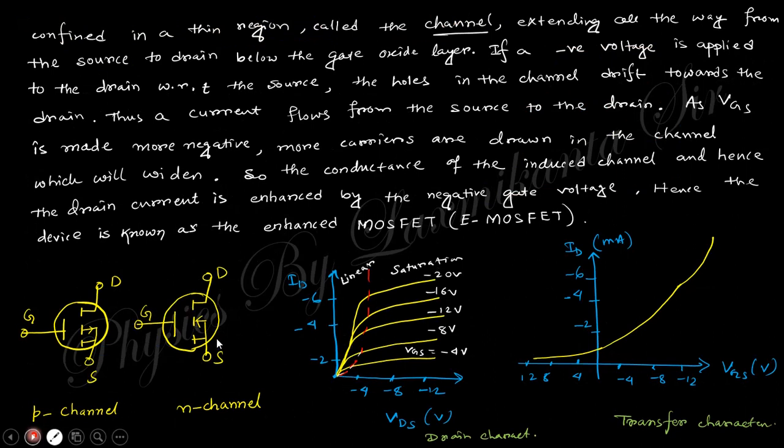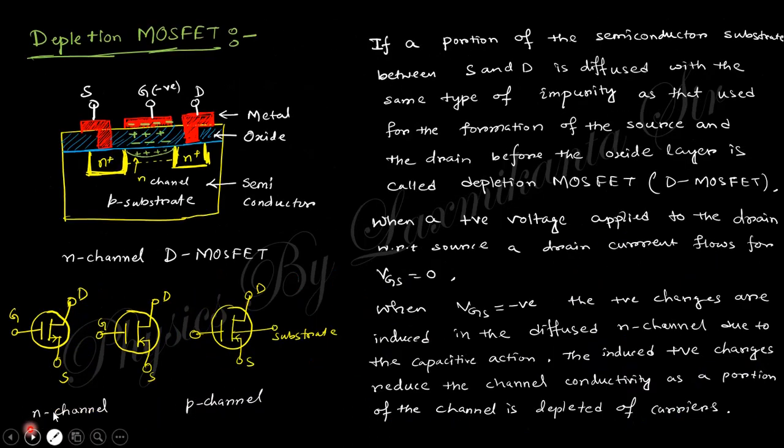This is the circuit symbol. Now the depletion MOSFET. Depletion MOSFET means there is an additional layer added here. If this is a P substrate, an N channel will be present here. Now if you apply the same thing, a negative voltage, holes are attracted here, so this channel is reduced and the current will be reduced.